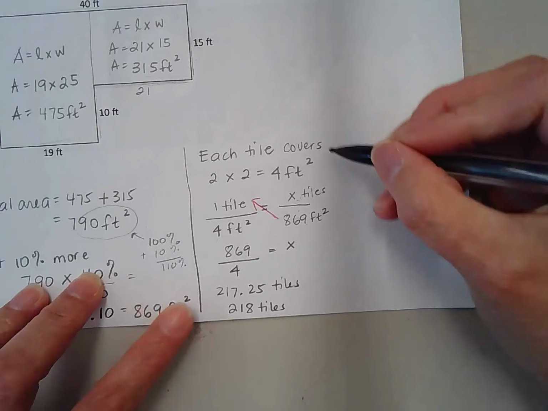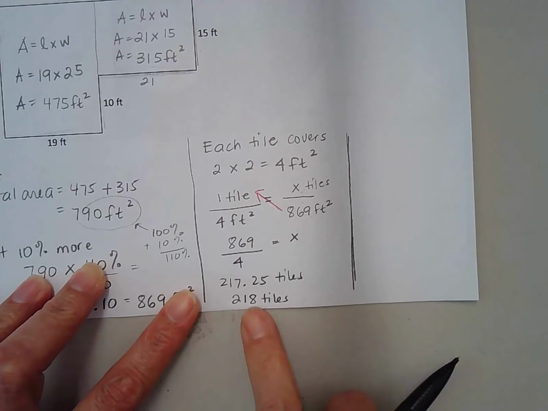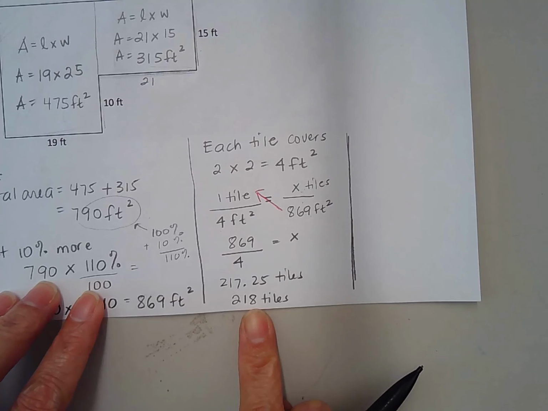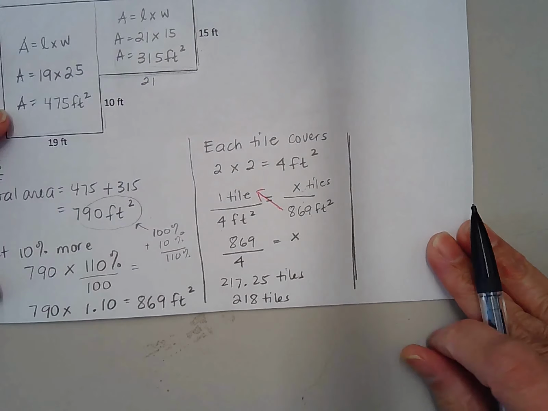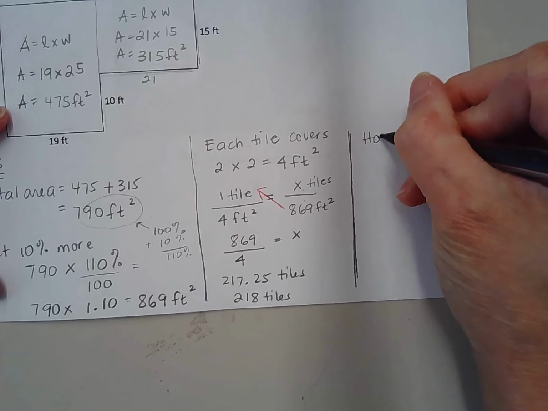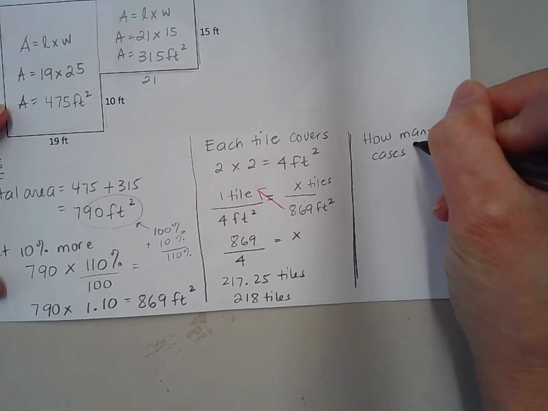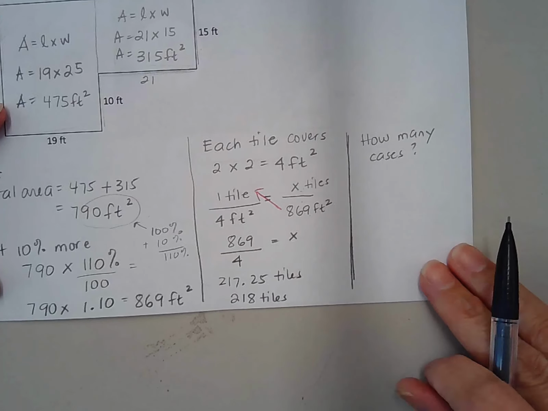Okay, so this is another thing. We're going to need about 218 tiles. The question is, how many cases is that? What we're going to do is a proportion again.